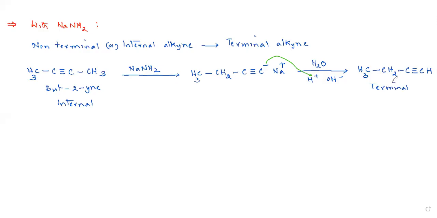Let me give you mechanism for this. Okay, we'll see how butadiene is converted into this. See, there is a change in position of triple bond. You must have observed. Let's see the mechanism of this.